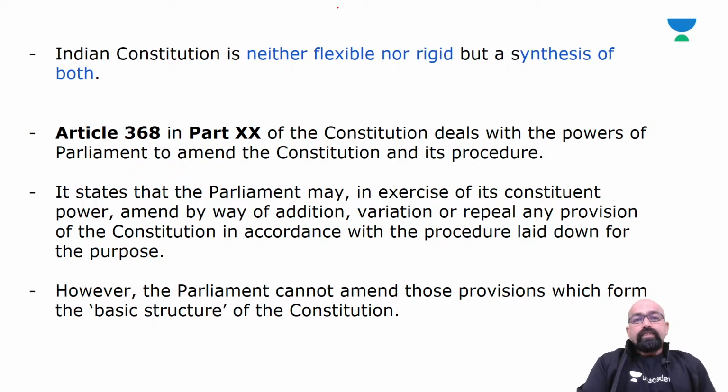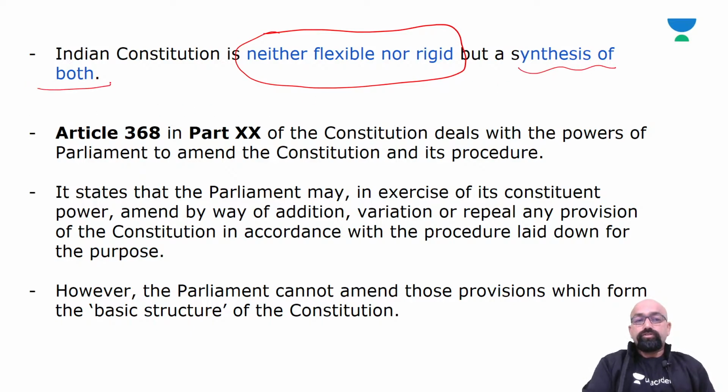However, the procedure laid down for its amendment is neither as easy as in Britain nor as difficult as in USA. So we can say our Indian constitution is neither flexible nor rigid, but a synthesis of both. We'll see in detail how it is a synthesis of both.